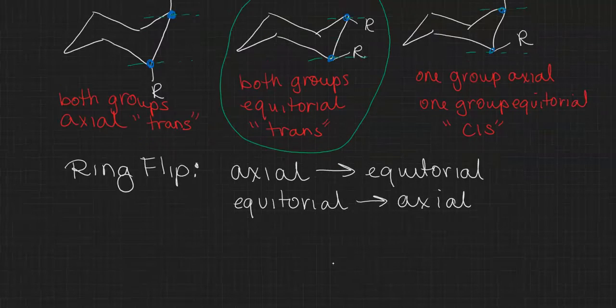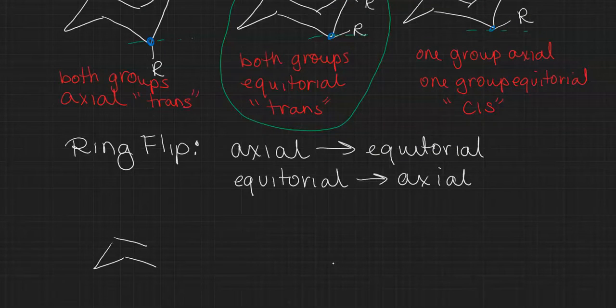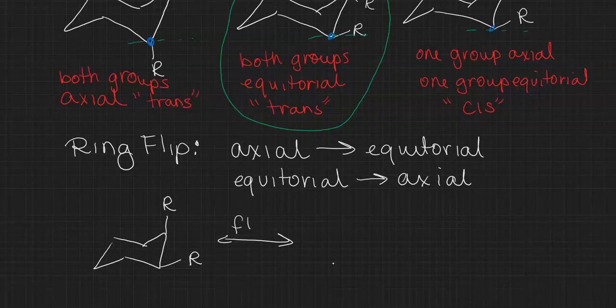So if we look at the following example, and I'll show you guys in a minute how to do a ring flip. That's an ugly chair. There we go. So if we look here, this position is axial.